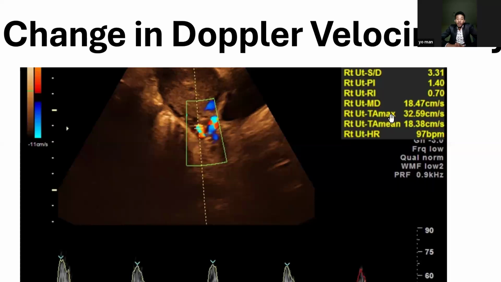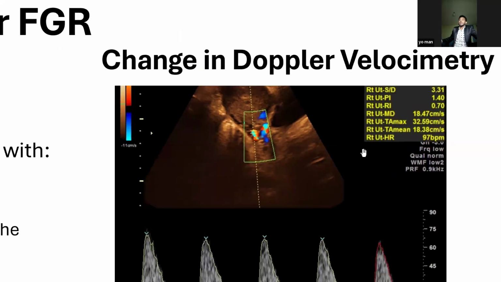So you have to check whether your machine is performing on TA max or TA mean, because it may result in different readings of the PI, and the normal graph that you are going to use must also align with your machine settings for calculating PIs, so take care of those differences.